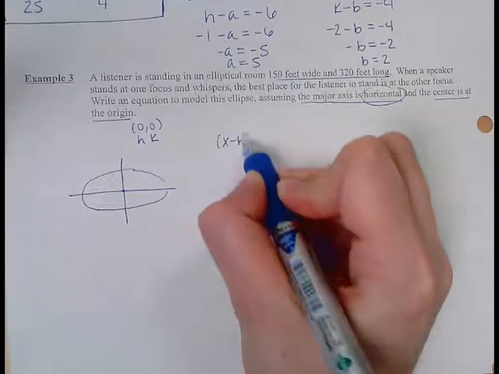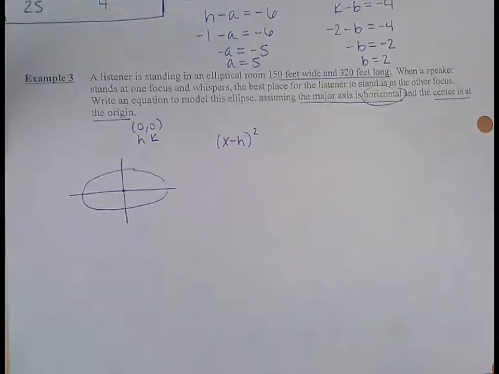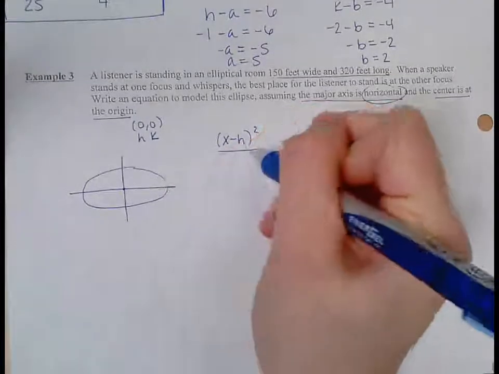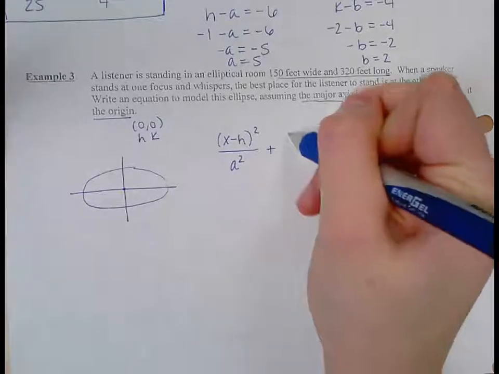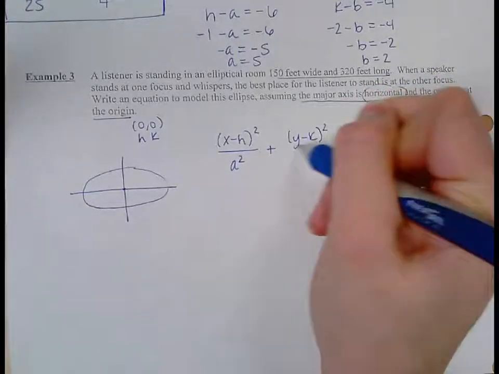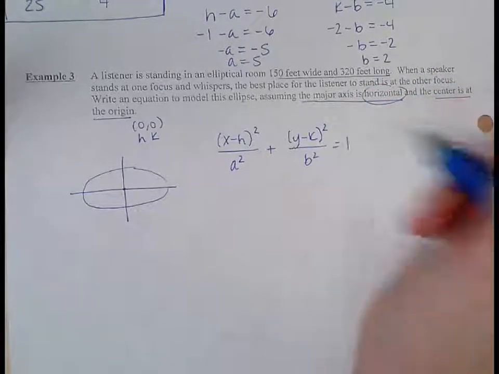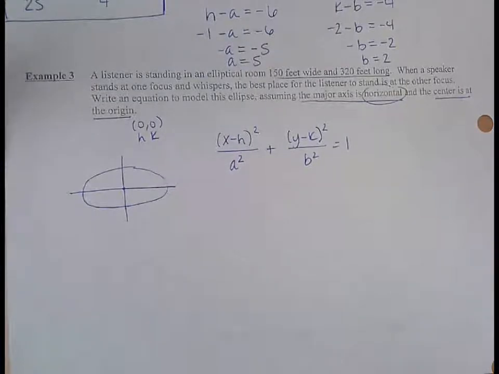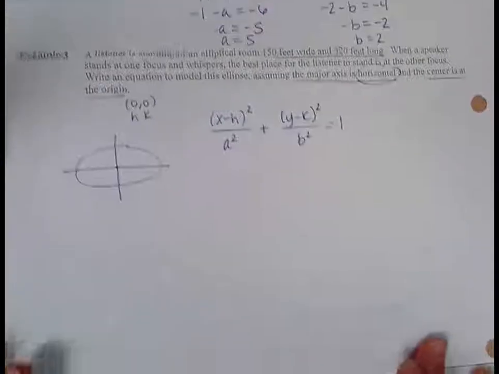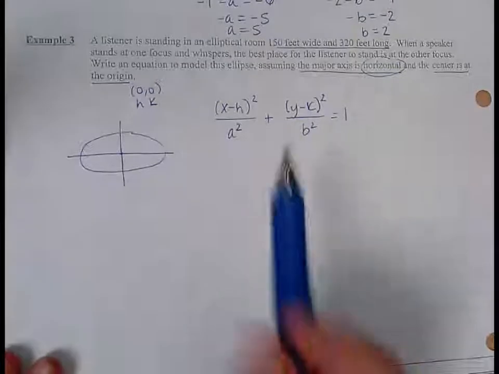I'm going to write down the standard form for the horizontal ellipse. So the a squared is underneath the x. So the only thing we have to find here is a and b. And this just gives us different information.